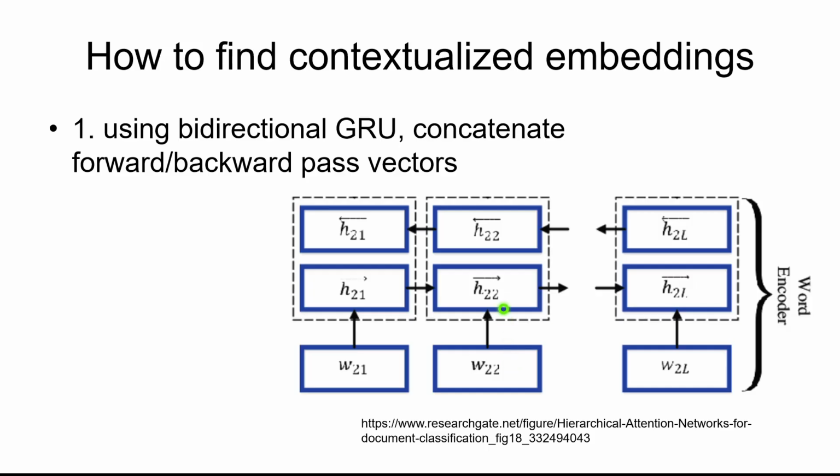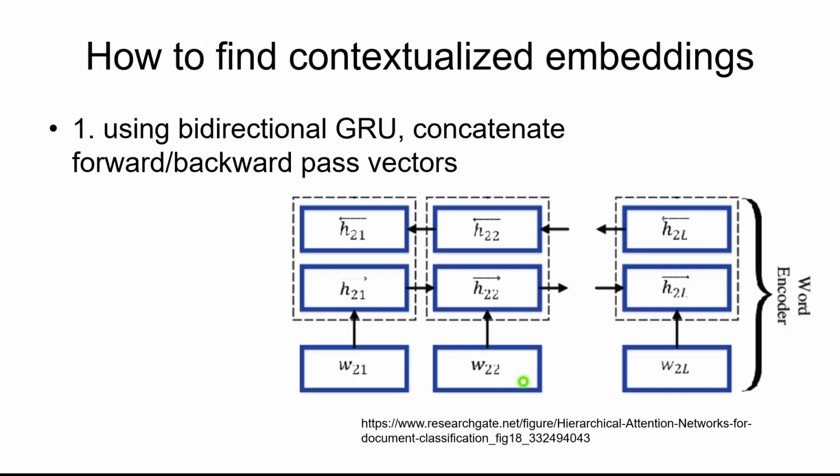If we concatenate these two vectors, we basically get the embedding for the second word, including all the context from left to right and right to left. That's why we can see this concatenated vector as the contextualized embedding for this second word.